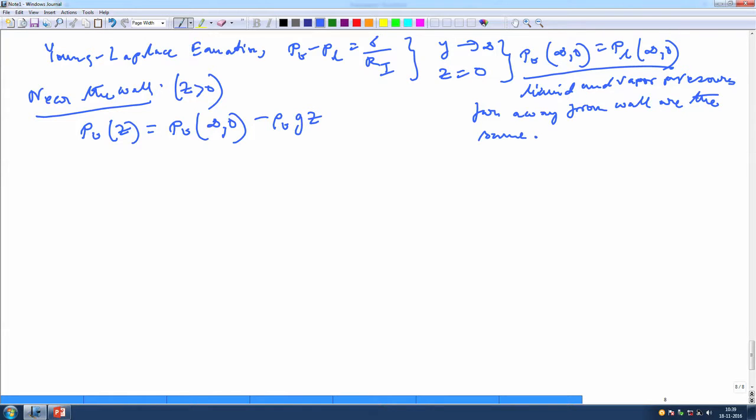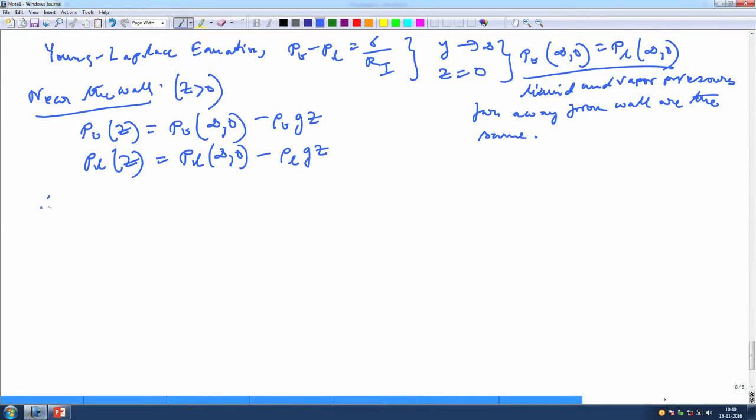Similarly, P_L at any z should be equal to P_L(infinity, 0) minus rho_L g z, because we are adding the height of the liquid and vapor column here.